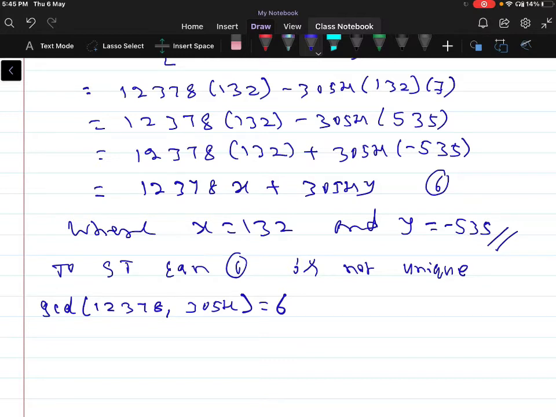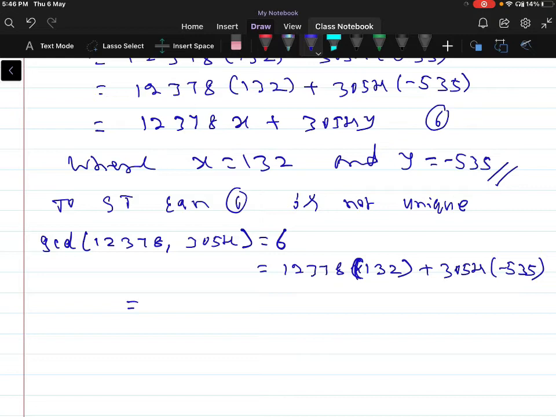So that can be written as 12378 into 132 plus 3054 into minus 535.